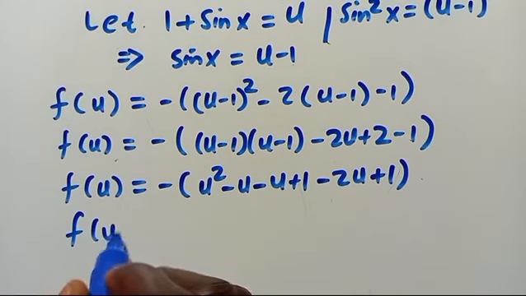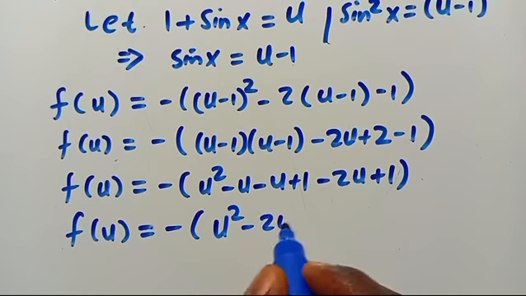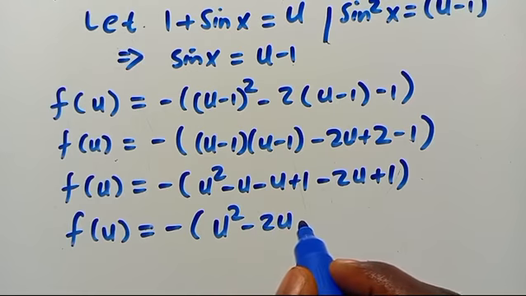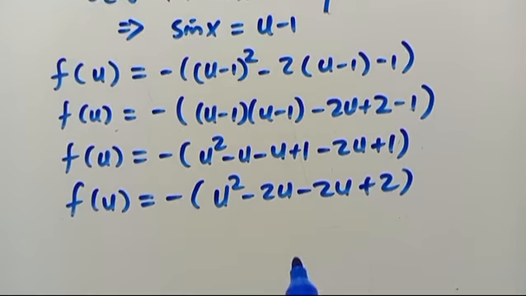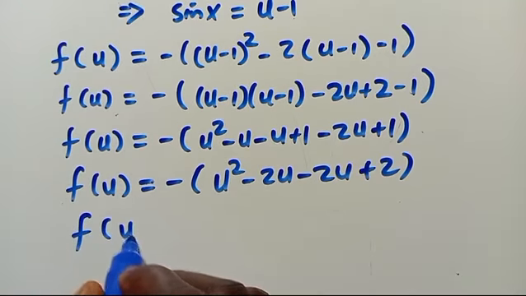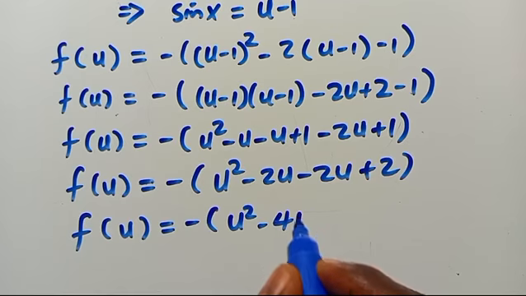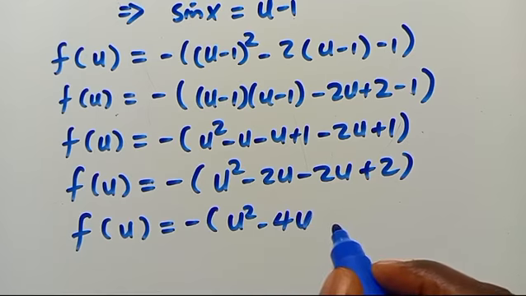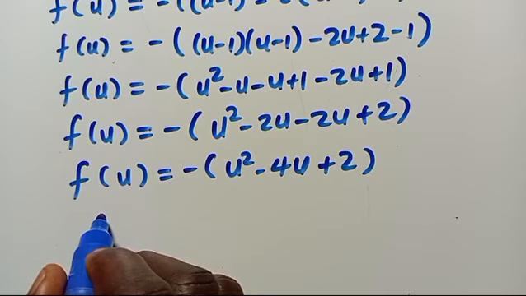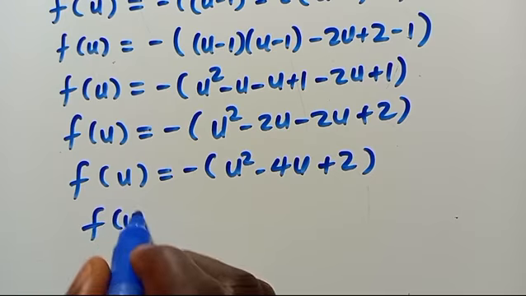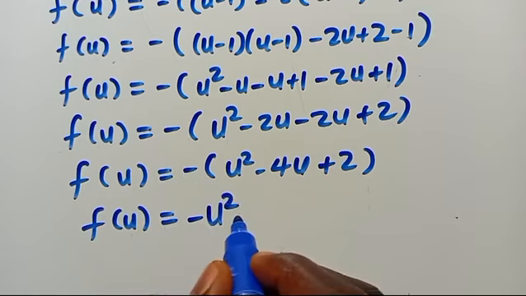We have f of u equals minus u squared minus 2u, then minus 2u, 1 plus 1 will give us 2. We have f of u equals minus into u squared minus 4u plus 2. So from here we have f of u, open parenthesis with minus, here will be minus u squared plus 4u minus 2.